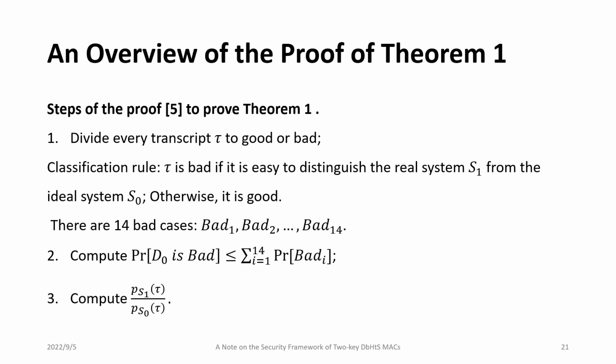So their steps of the proof of Theorem 1 are as follows. Firstly, they divided every transcript tau into good or bad.